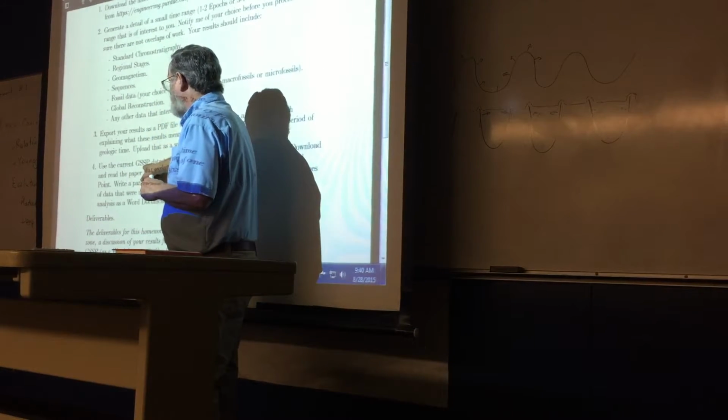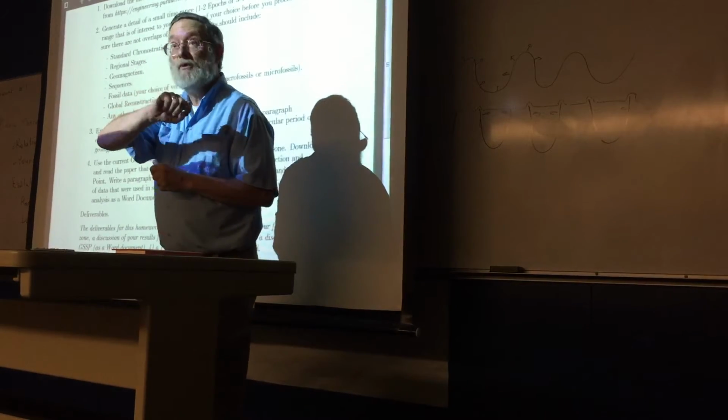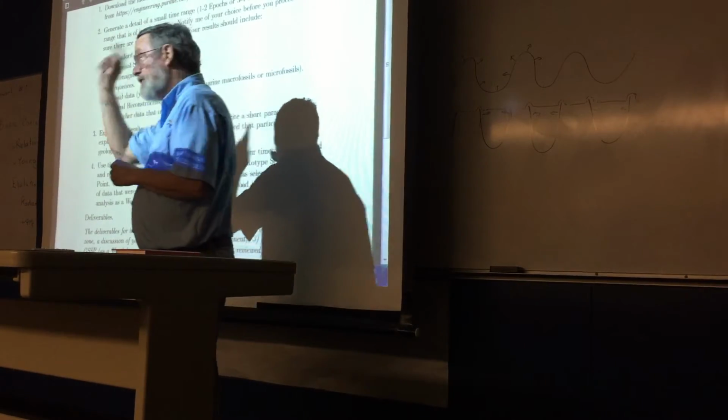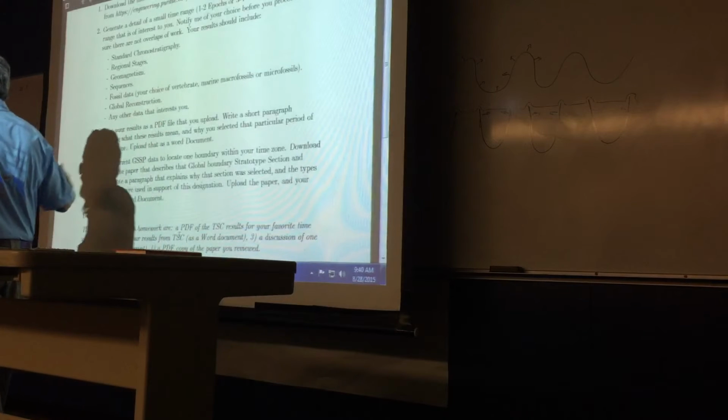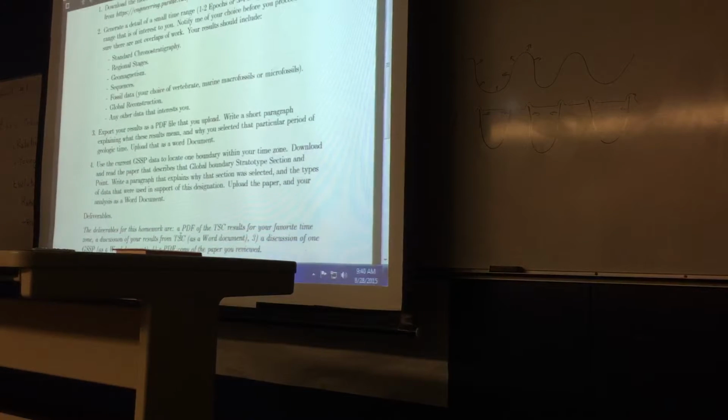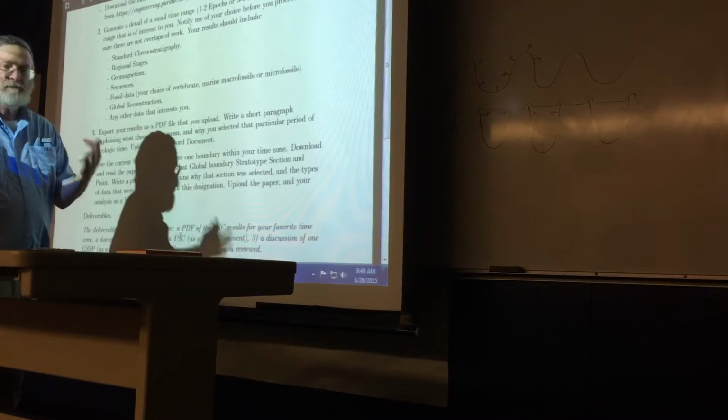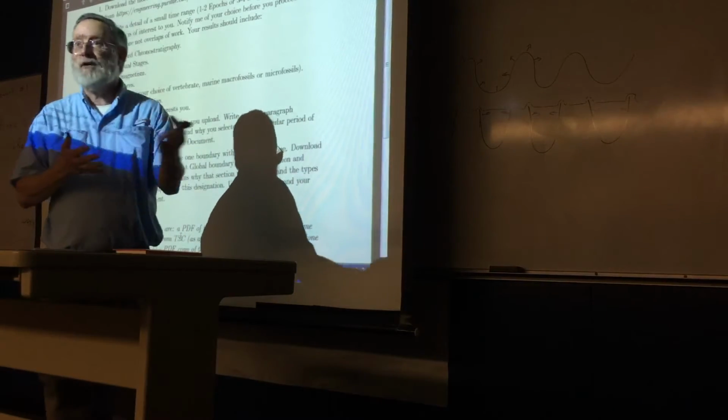Take your GSSP table that I just pointed out. Find the paper that describes that particular GSSP, that standard. And it's got to be one you haven't worked on before, so if you've been working on the Albian-Cenomanian boundary, don't do that one.